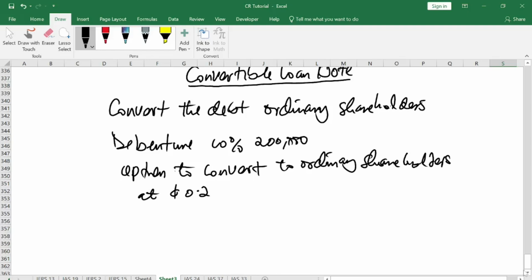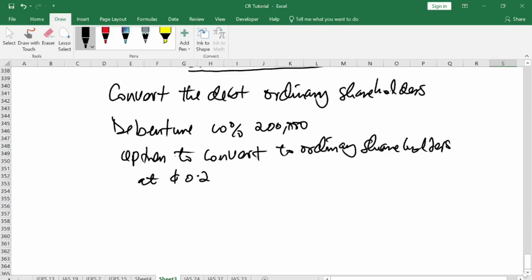When this happens, the number of shares will increase, right? Assuming you have arranged that they should convert this to ordinary shares, and you already have shares outstanding of 500,000.